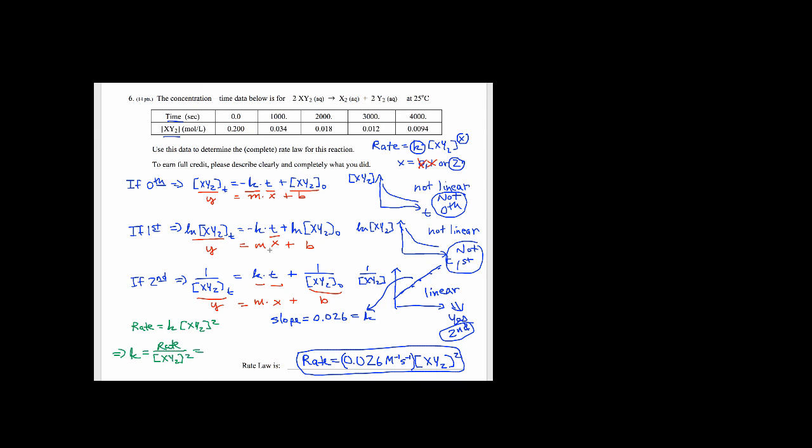The rate will be in units of molarity per second, and the concentration of XY2 is molarity, but that's squared. One of the molarities in the numerator cancels with one of the molarities in the denominator, and this gives us 1 over seconds, and then over molarity, which is molarity to the -1 as well. And so that shows where our units come from.